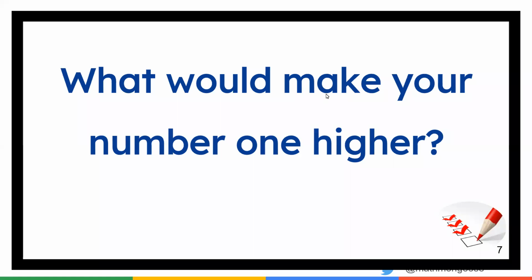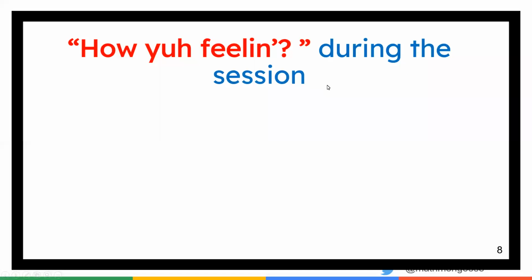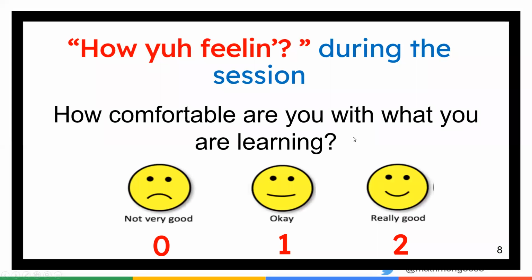All right. So the next thing I want to talk about is how you're feeling. Every time I say how you're feeling during the session, what I'm really asking you is how comfortable you are with what you're learning. Because we can't have the mics open because of the numbers, in the chat, if you're a little bit shaky and you don't think you get it, put 0.